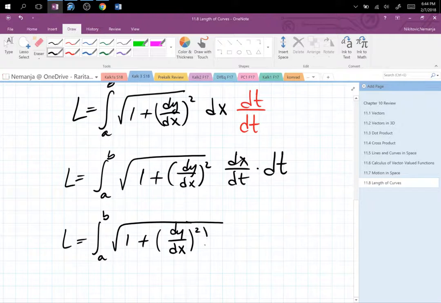So this is the old one, keep it in parentheses, times dx/dt coming in, has to be squared now. And then dt stays.